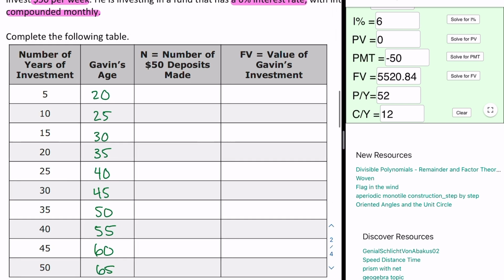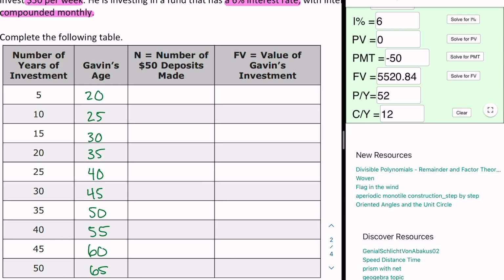Now, here we want the number of deposits. So you have 52 weeks times the number of years total. Okay, so the first one is going to be 5 years. So you have 52 times 5, which is 260.